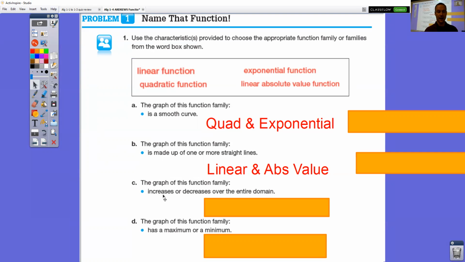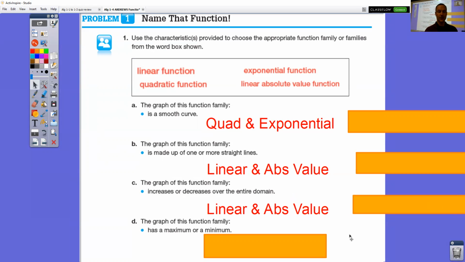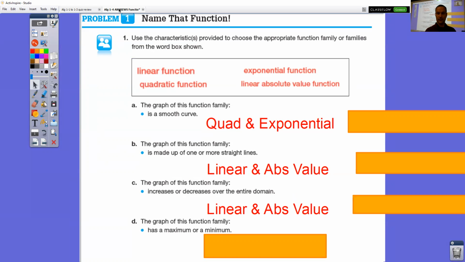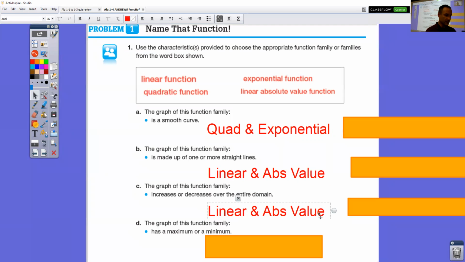This graph, letter C, consists of increasing or decreasing over the entire domain. So this is increasing, or just decreasing, so over the entire domain. So linear is going up. This should be linear or exponential, not absolute value.